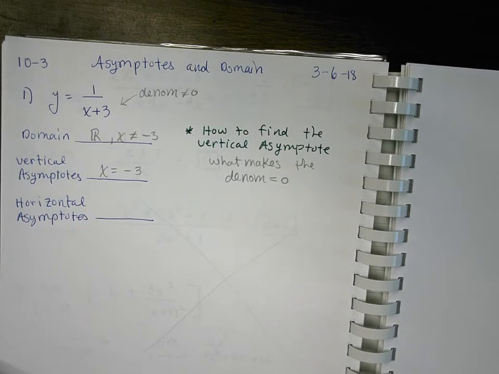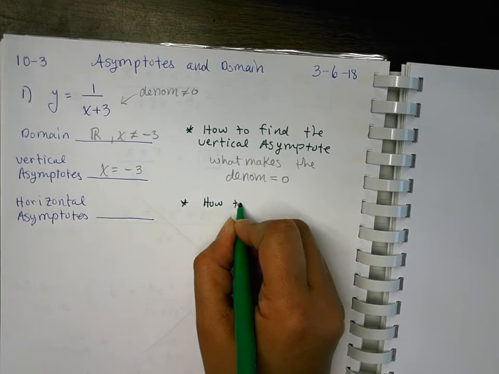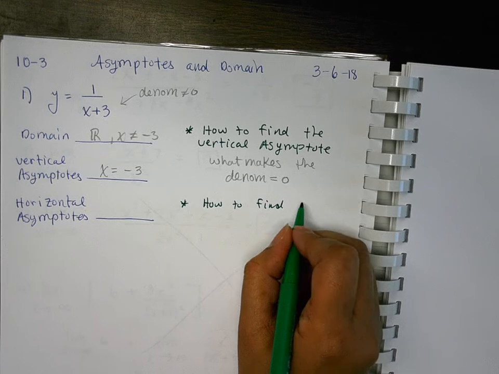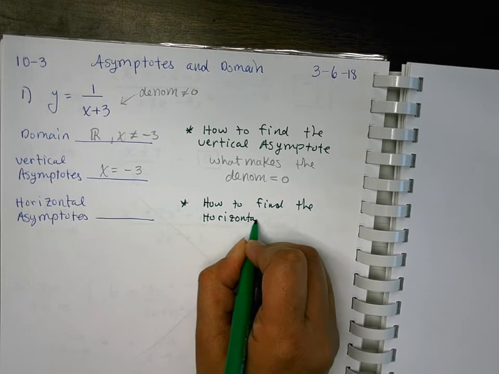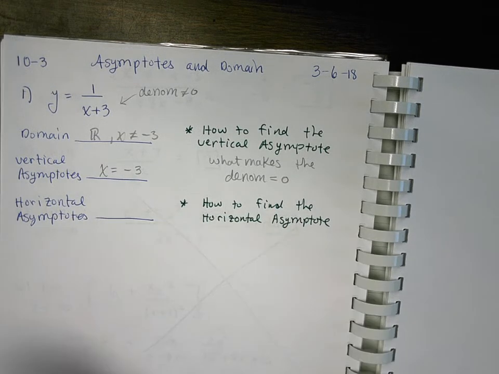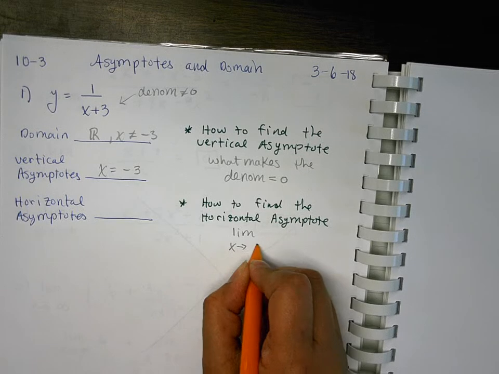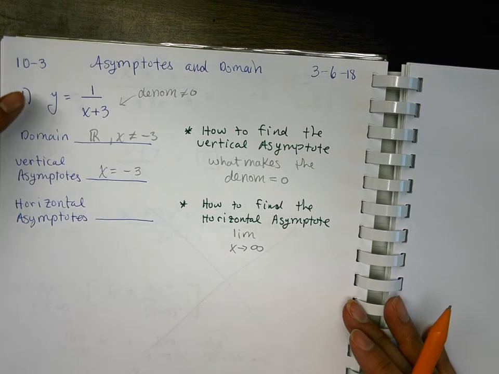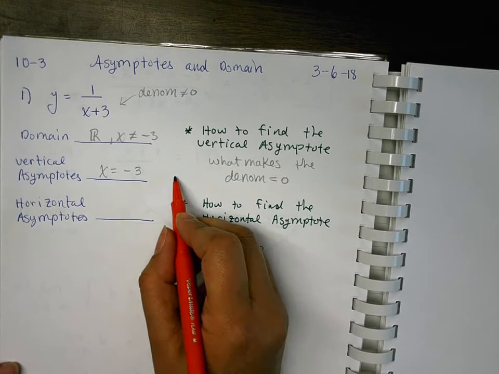That you did last year, yes? Okay, this next piece you can tell me because I'm not sure what you did. How to find the horizontal asymptote. Okay, you take the limit as x approaches infinity of your function. Now, did you do the limit as x approached infinity last year?